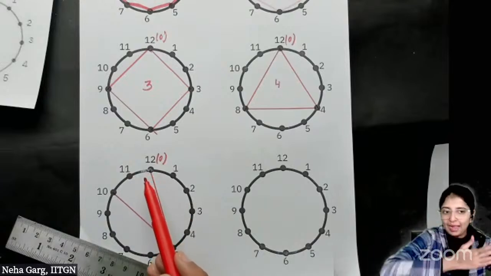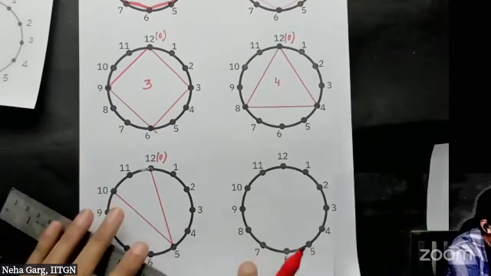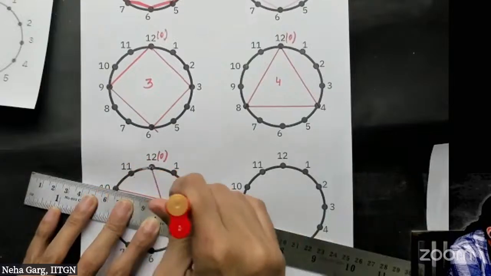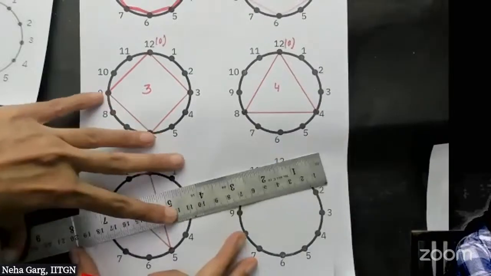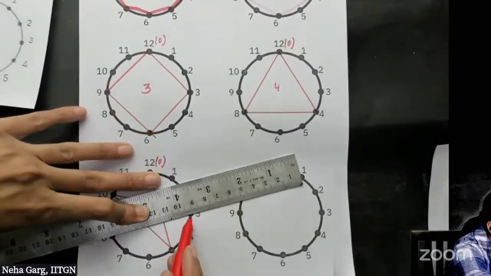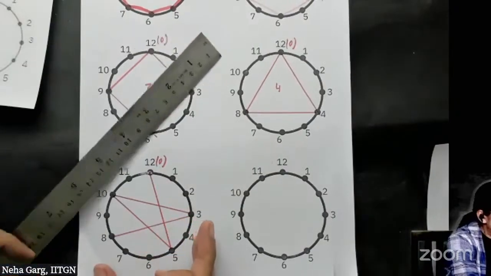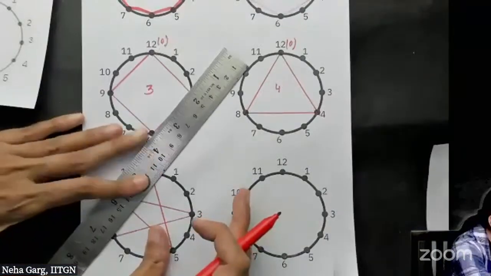So what I'll do, I will keep going. So 1, 2, 3, 4, 5. So 10 will go to 3. Okay. And now 3 plus 5 gives me 8. 8 plus 5 gives me 13. So 12, and then I will go to 1.